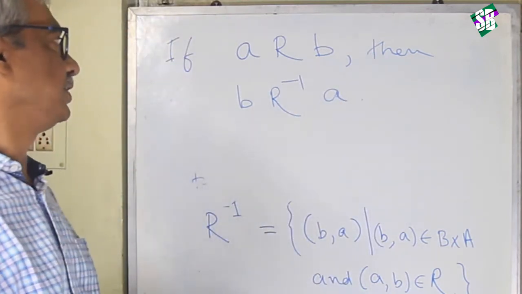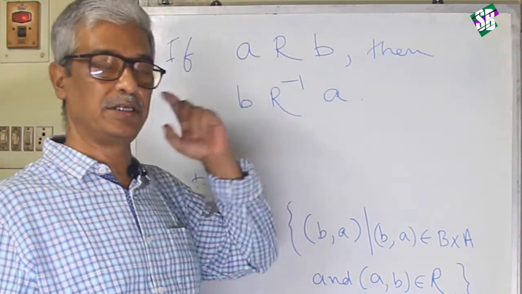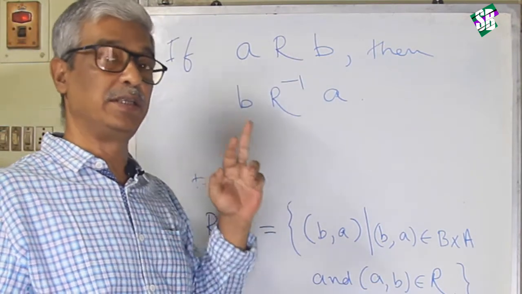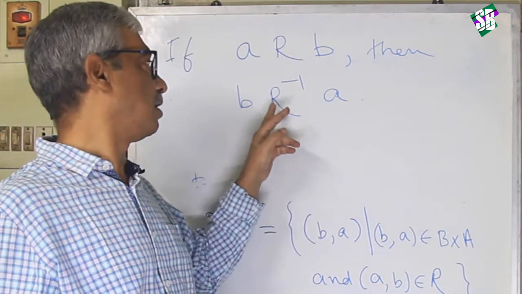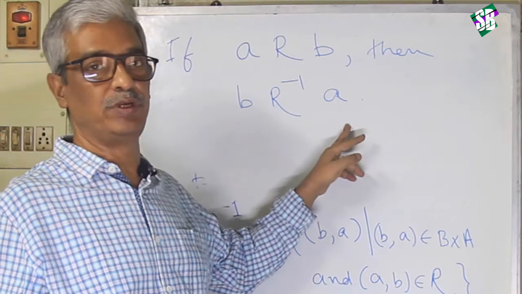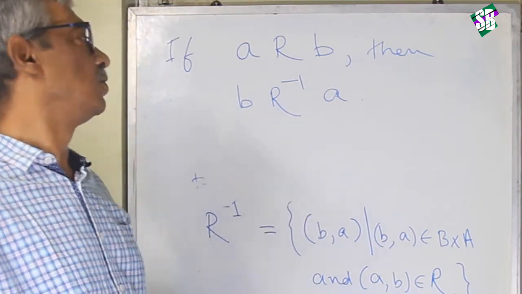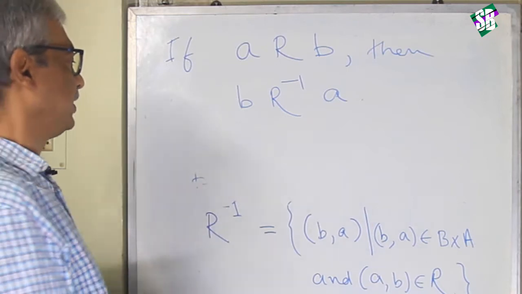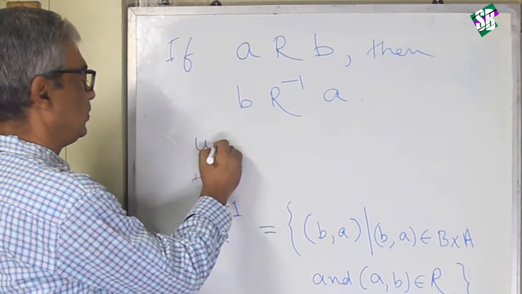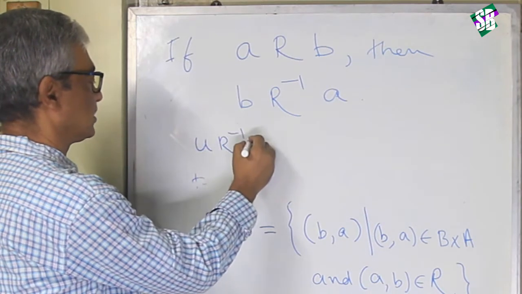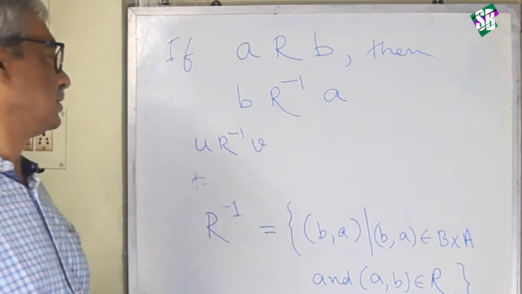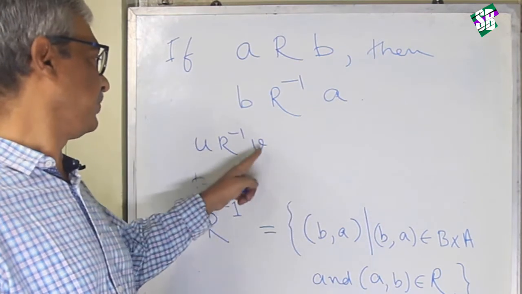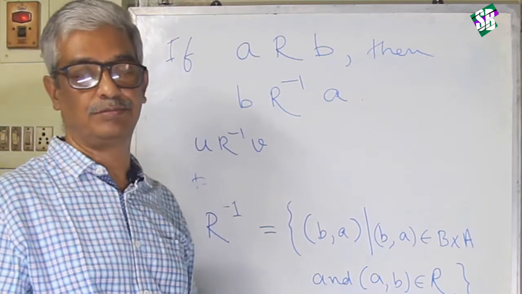Okay, so if a has R relation with b, then b has R inverse relation with a. Or if you find that u R inverse v, this means that v R u.